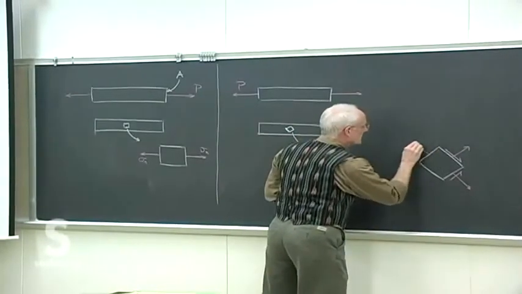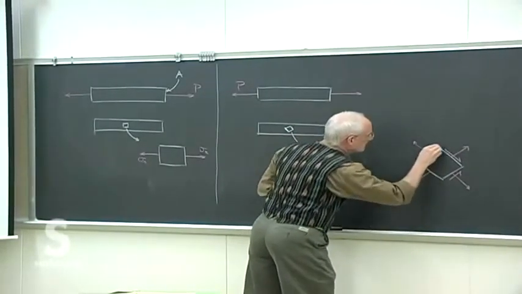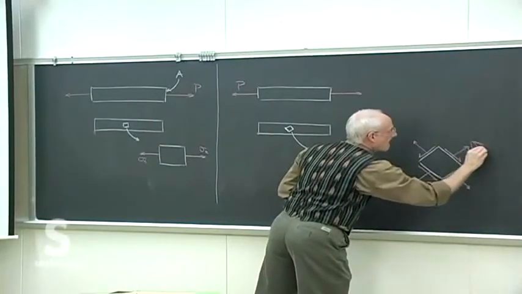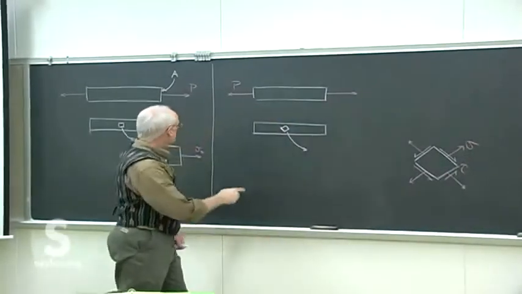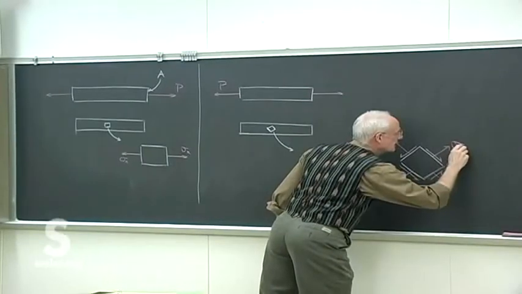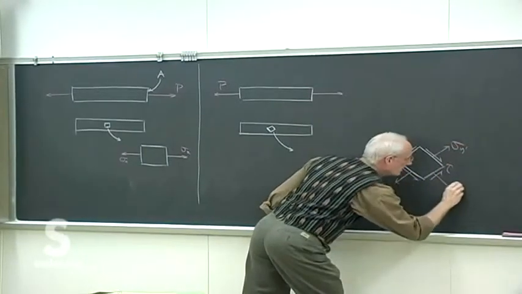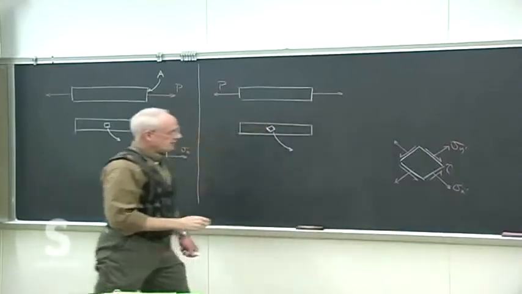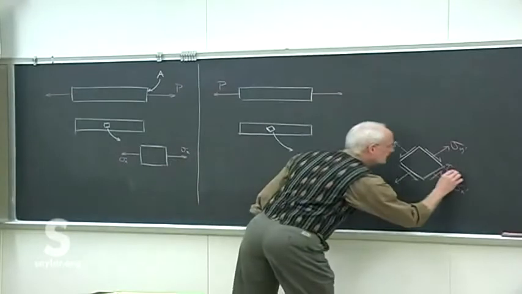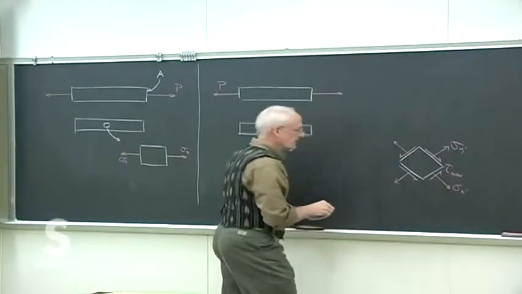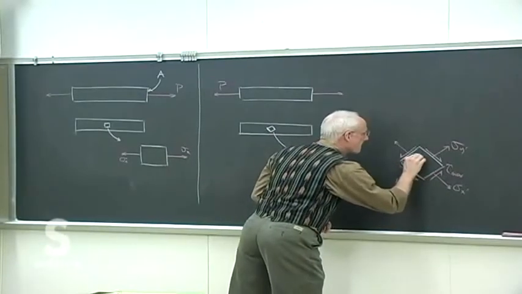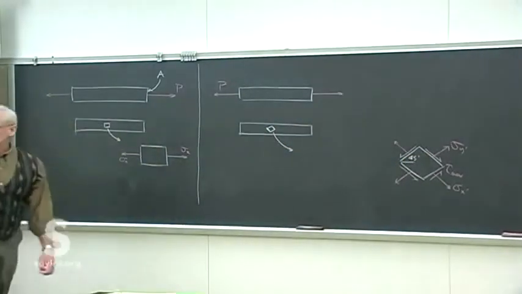So let's fix that, and these sigmas, remember, are not necessarily the same. So maybe I'll call those x prime and y prime, just to indicate we're at an oblique angle. But we do know if that angle happens to be 45 degrees, that is the maximum shear stress that we're going to see.